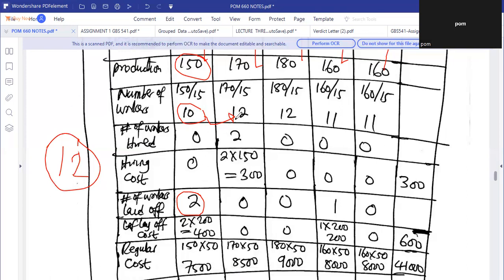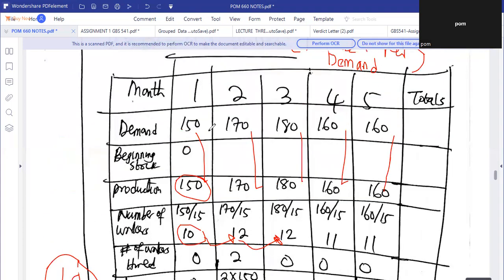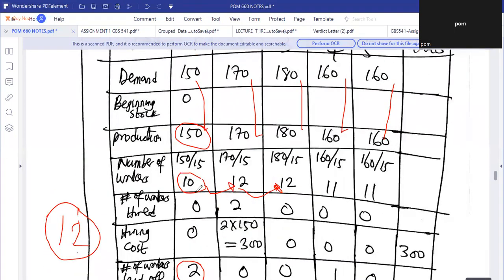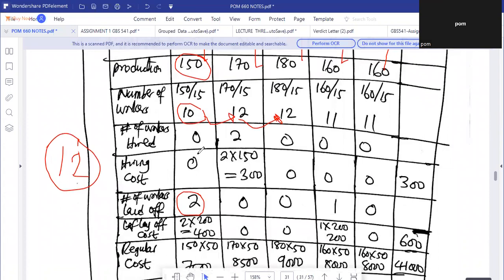Here we had 2 workers hired. Here we didn't hire or lay off, so the number of workers hired is 0. The 12 is just for the first month. So 12, and this is 10, so here we laid off 2. Here they hired 2, and here they didn't hire or lay off.